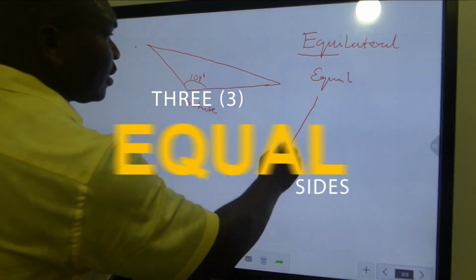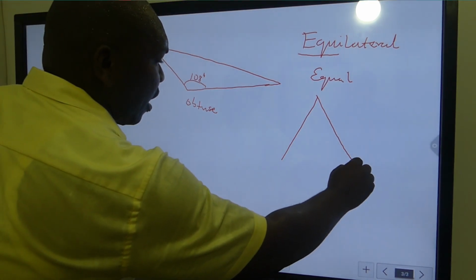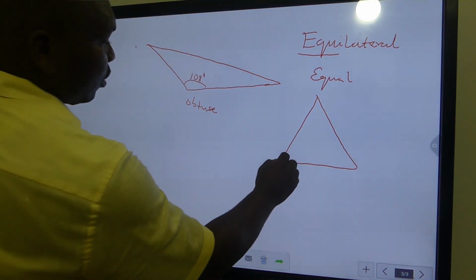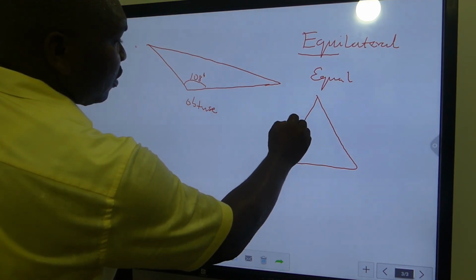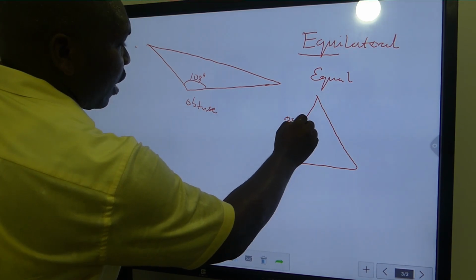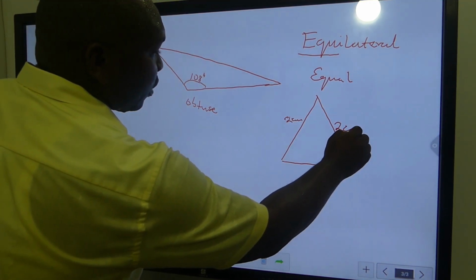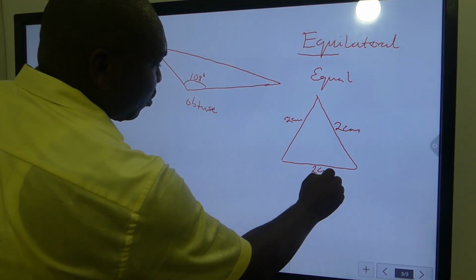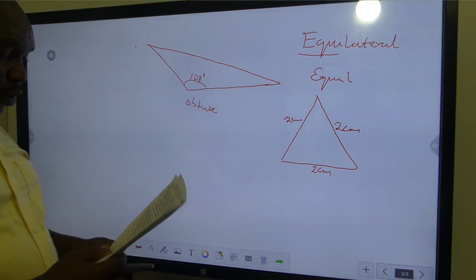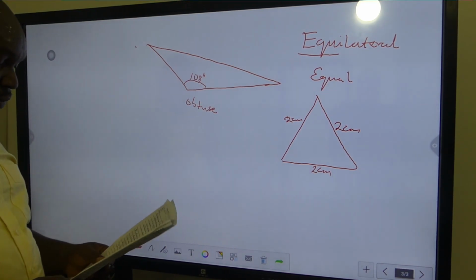An equilateral triangle has equal sides. So if here is 2 centimeters, here is going to be 2 centimeters, and here is going to be 2 centimeters. When such a triangle is given, we call it an equilateral triangle.